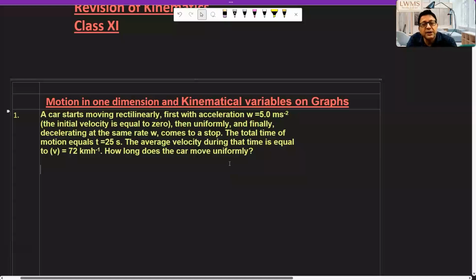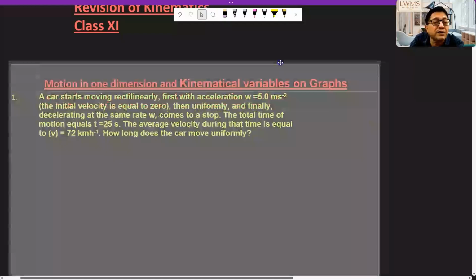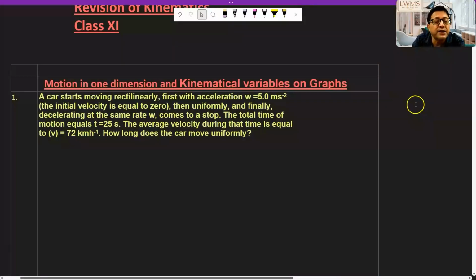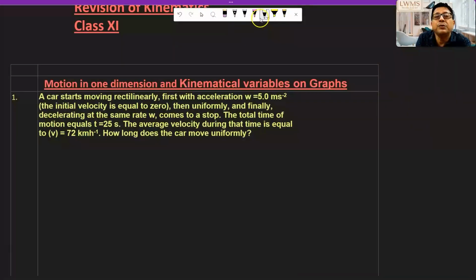Car moving rectilinearly, first with acceleration. Actually, for this one, it is better we plot the graph. I was telling that without a graph it can be done definitely, but let me do it without using graphs. I am not going to use graphs here.